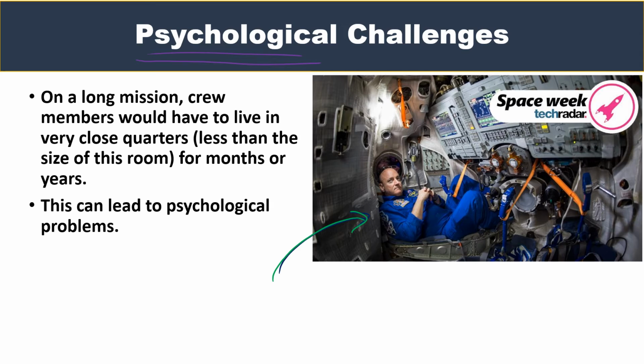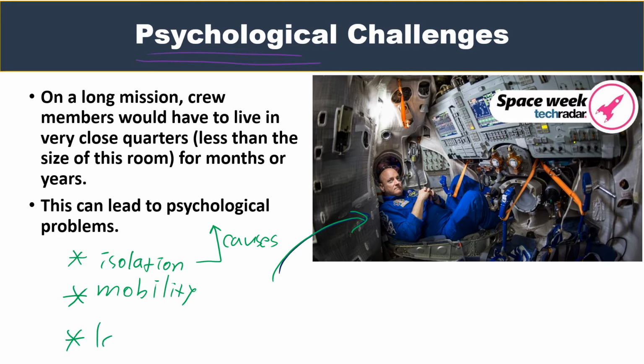When it comes to psychological problems, let's think about how isolation can cause a lot of them. Also, mobility issues can cause psychological problems. And in addition to that, lack of communication can also cause psychological problems.